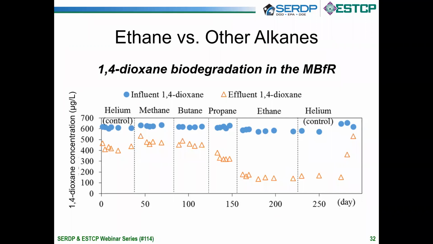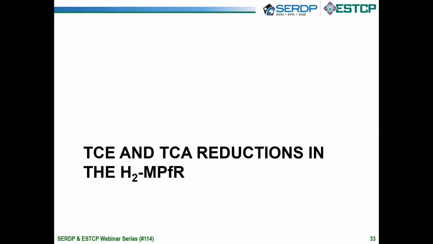By the way, you can see there's a small decrease in dioxane because there was a bit of volatilization loss in our system. We had methane, nothing happened. We had butane, nothing happened. We had propane, we started to get some monooxygenase activity, but when we added ethane, we got by far the best monooxygenation activity. This gave us reassurance that we really had the right material being formed, ethane, to really promote the second stage reaction.